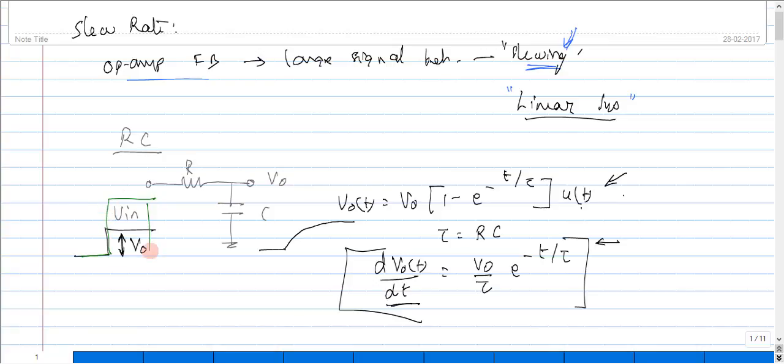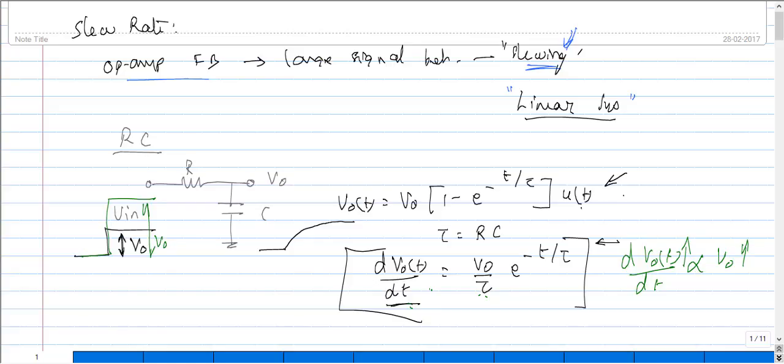This is the new V0 that I have. In that case, the rate also has to get doubled, because both are proportional to each other. In short, the differentiation of this quantity is proportional to V0. So if this doubles, then the rate at which the output rises also has to double.